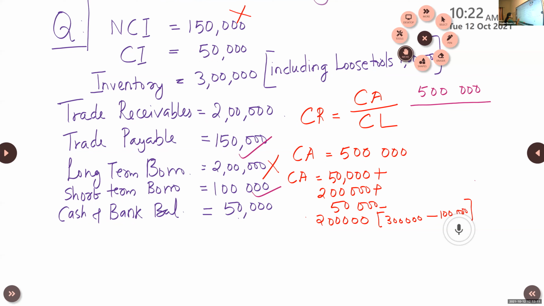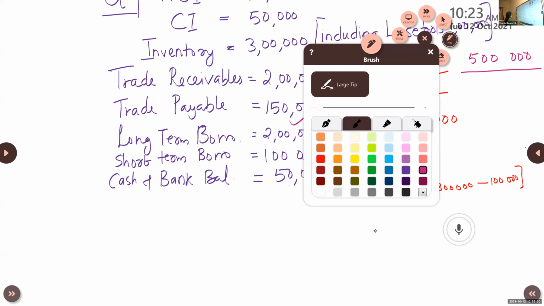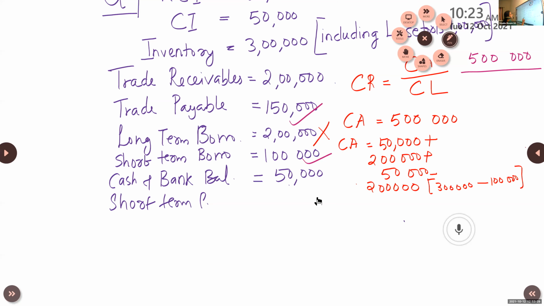So now it became 3 lakhs. 1 lakh 50,000, 1 lakh 50,000. So current liability is 3 lakh.